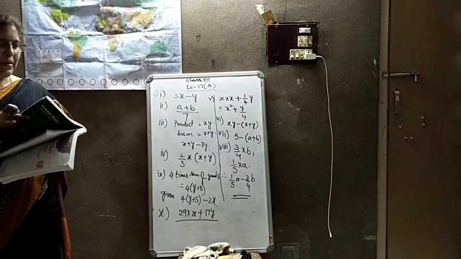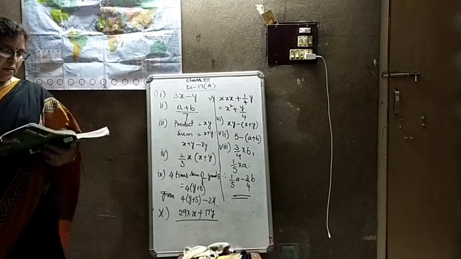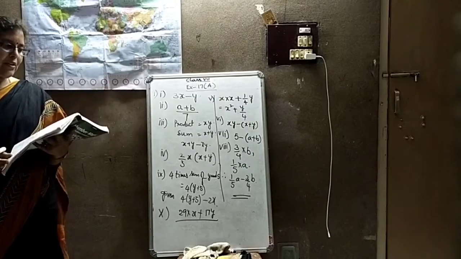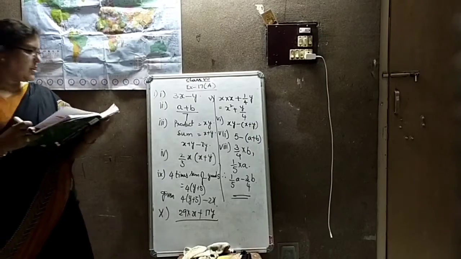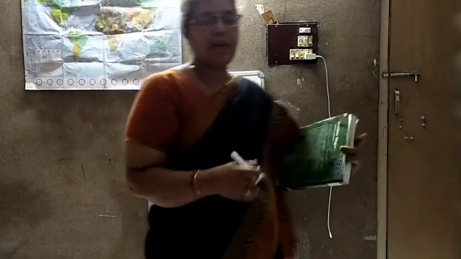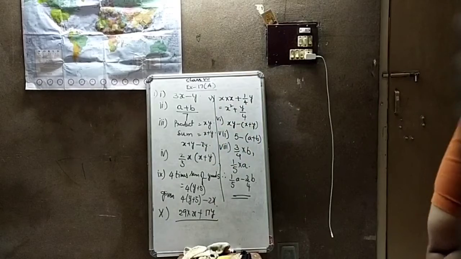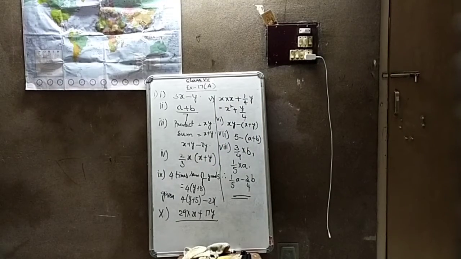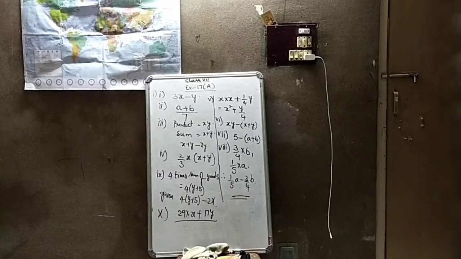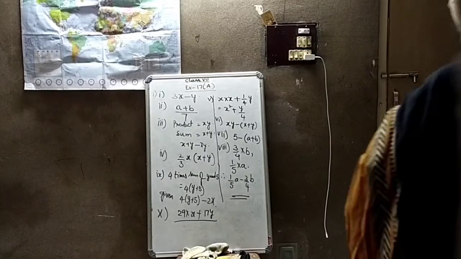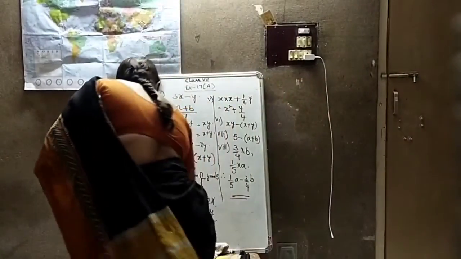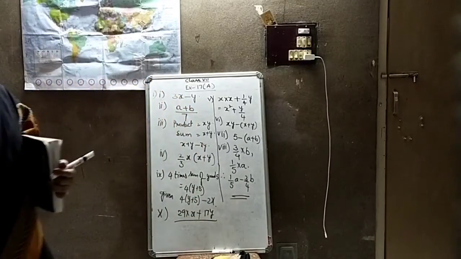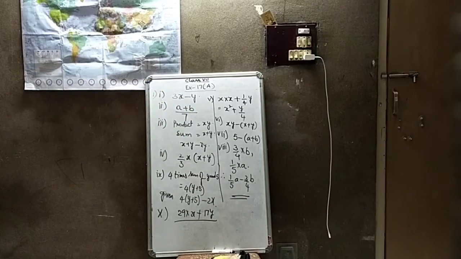So I completed the first Roman today. Tomorrow I will start the next. So first you copy this one. If time is there, I will continue. Second, third Romans also I will finish, children. After that I will close.